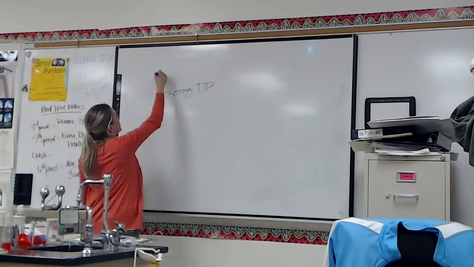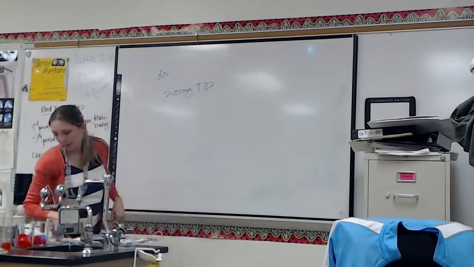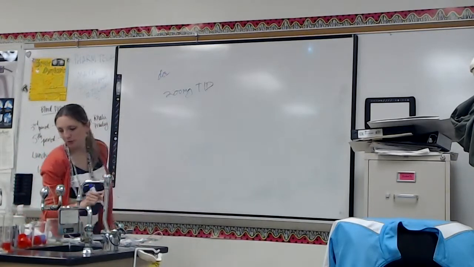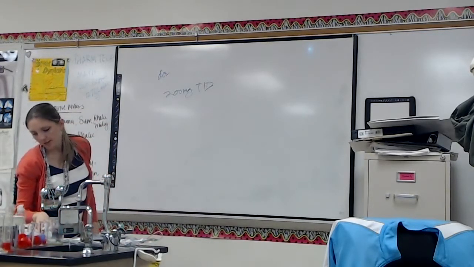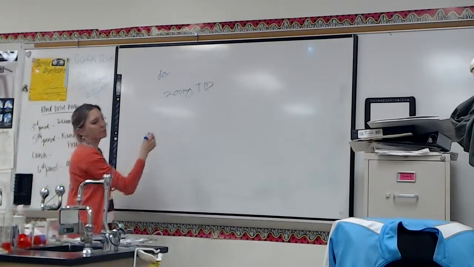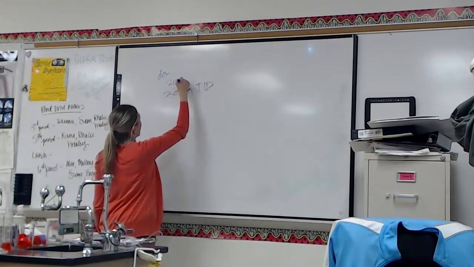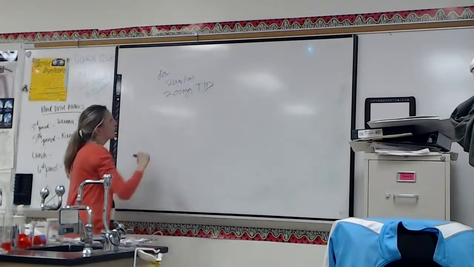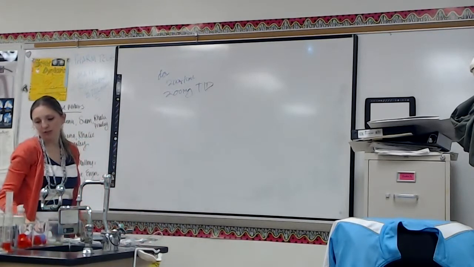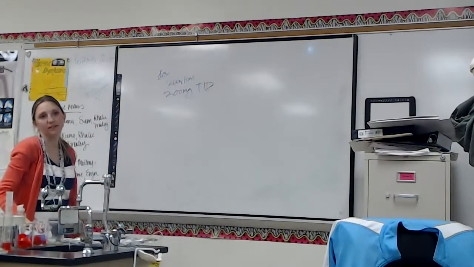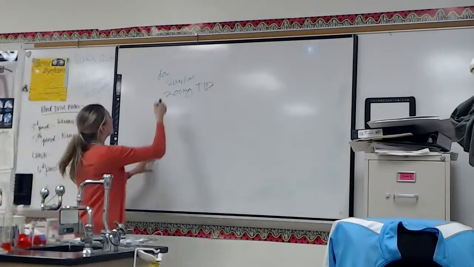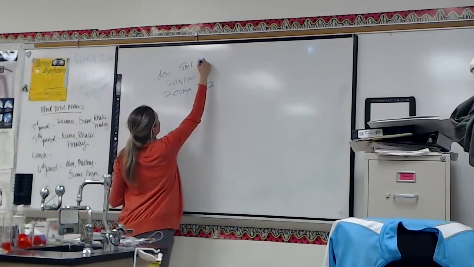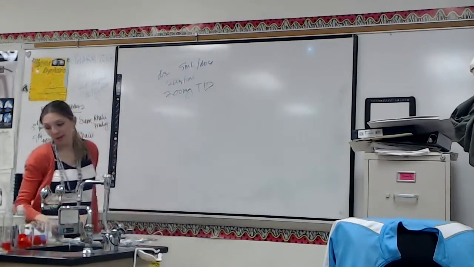Our dose is 200 milligrams, and what's available is 200 milligrams per 5 milliliters. So we can already figure out we just need 5 milliliters per dose, and they're going to do that 3 times a day.